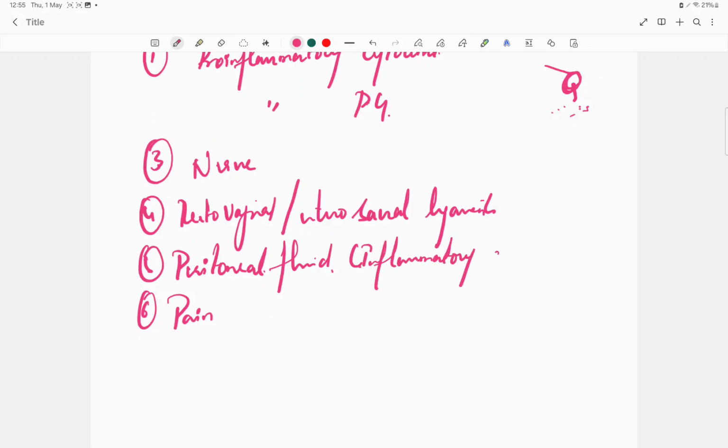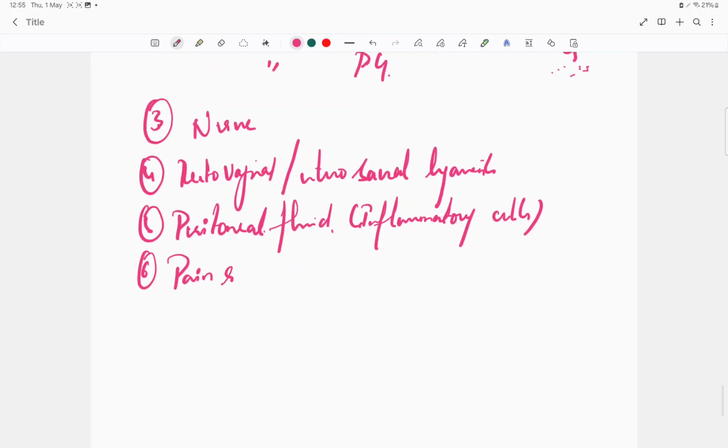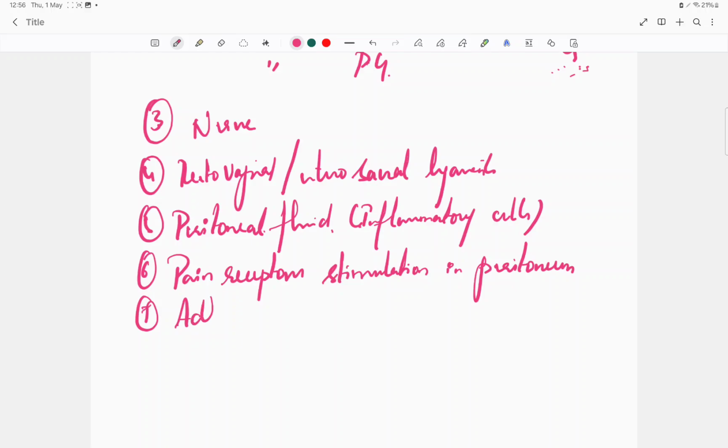I'm writing everything so your notes should be perfect. The pain receptors will get stimulated in the peritoneum. And because of adhesions, there will be stretching.